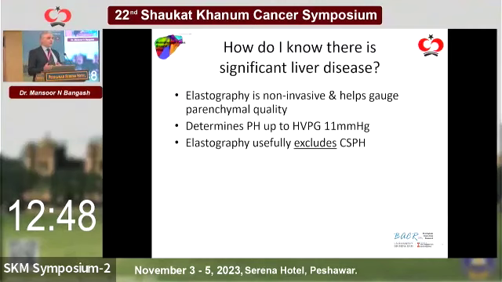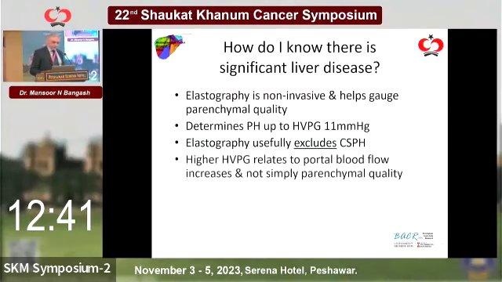If you get a reading which correlates with 11 millimeters of mercury or less, you can be satisfied that your patient is low risk. One of the problems with portal hypertension, though, is that elastography measures what the texture of the liver is doing. And as your portal hypertension gets worse, it tends to rely less on changes in parenchymal texture and much more on flow-related phenomenon.